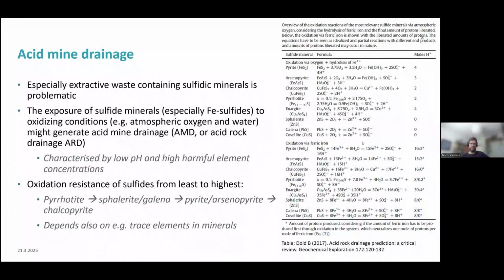AMD is usually characterized by low pH and high harmful element concentrations. There are different kinds of sulfides. They don't behave in a similar way. From that list on the right, you can see that some sulfides generate more acid, some don't actually generate acid at all, at least in more or less neutral conditions.